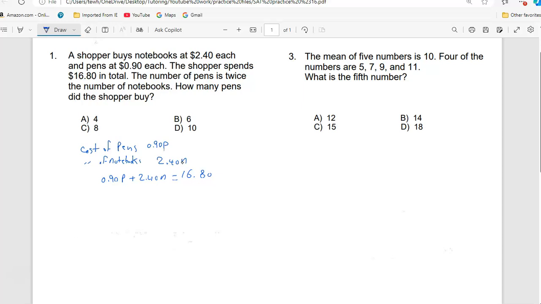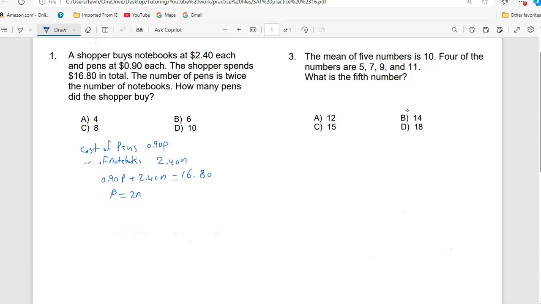But this equation we cannot solve because it has two unknowns, two variables, P and N. P is the number of pens and N is the number of notebooks. But we have more information in the problem. They said the number of pens is two times the number of notebooks. So from here we can substitute one variable in terms of the other and create an equation with one variable.